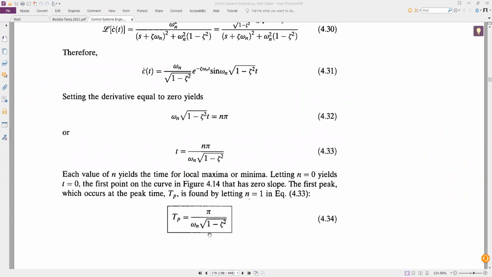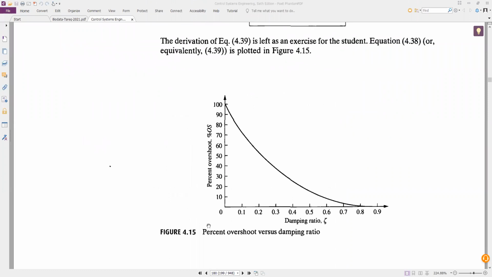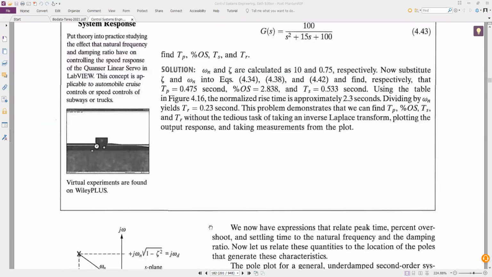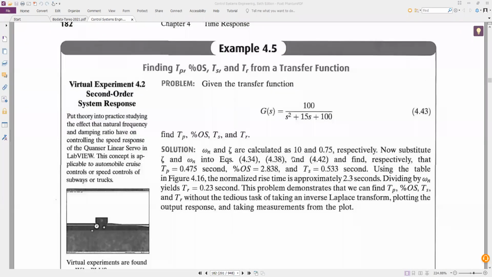Tp is pi by omega n square root of 1 minus zeta square. So use omega n and zeta, just use the formula and match. Okay, so that is the end of chapter 4.